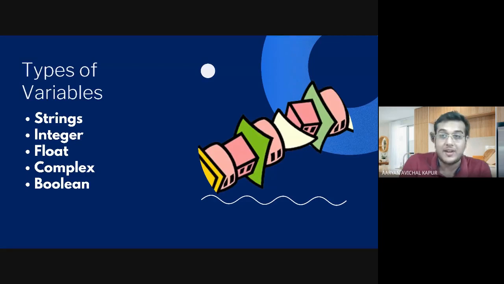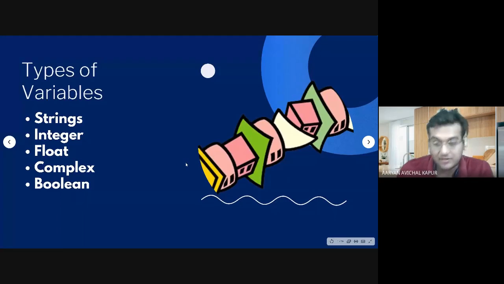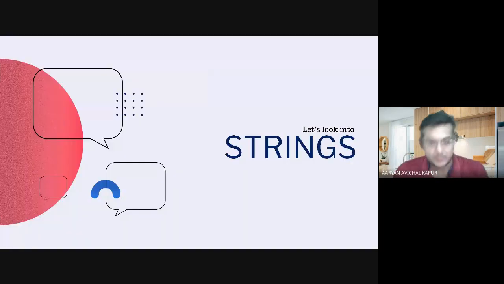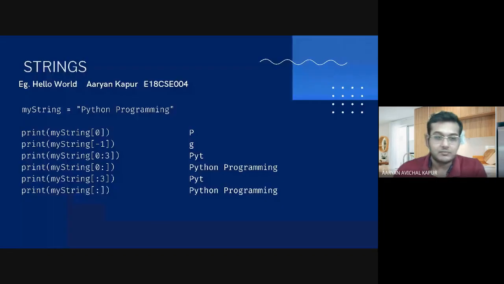If you ask me, did you eat lunch, I can say either yes or no, true or false. This is a boolean, correct? Now we will look into each of these types in detail and understand when each is used and how to use them successfully and efficiently. Correct? So let us first look into strings.